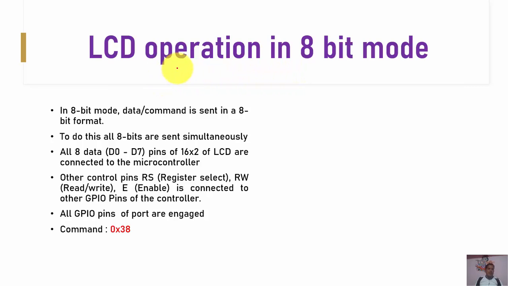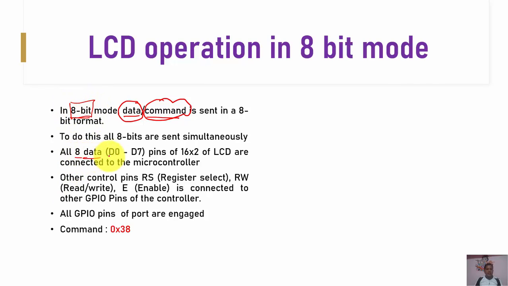As we know, in 8-bit mode the data or command is sent in 8-bit format. All 8 bits are sent simultaneously, because whatever data or command we forward to the LCD from the 8051 microcontroller is in 8-bit format.